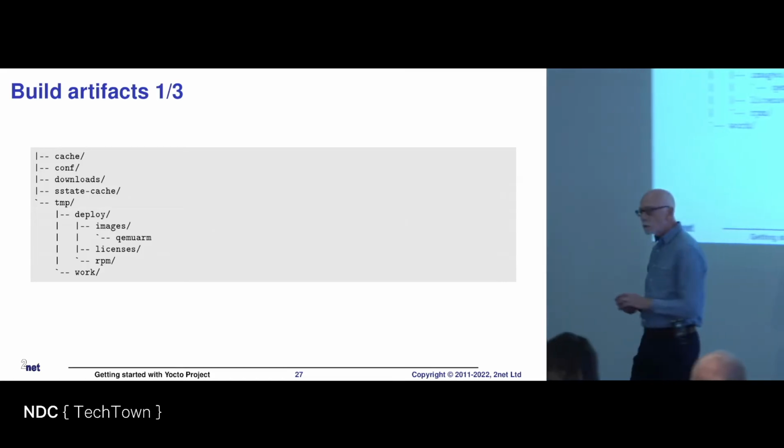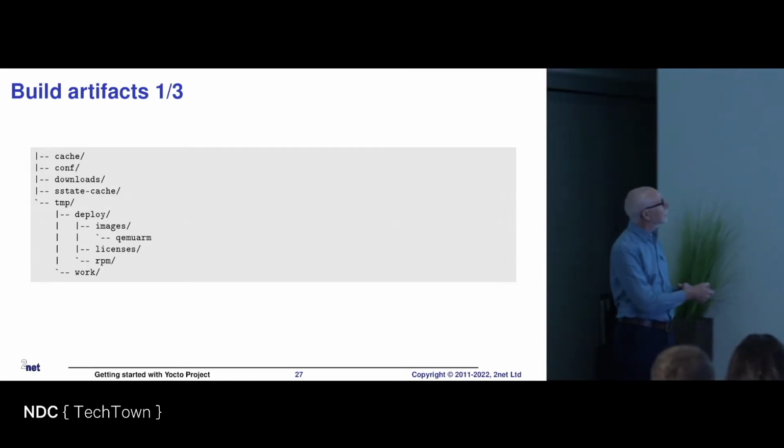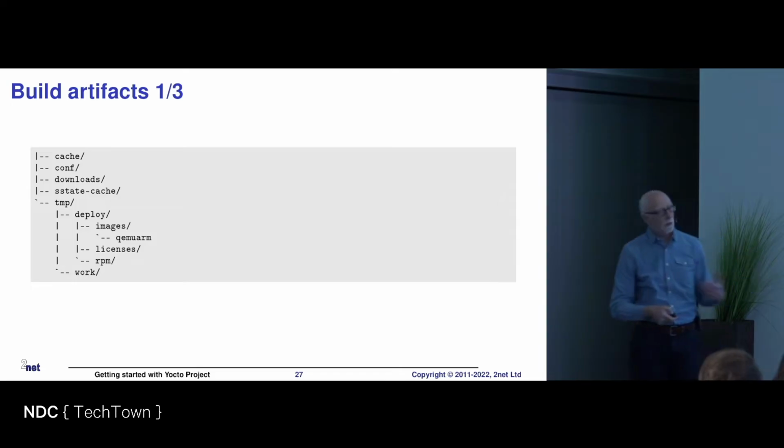So what I'm hoping we're going to find at the end of this is that, this is my build directory, which I call build-qemu. And it will have, well, the stuff it downloads in order to build stuff ends up in a directory called downloads. There's a thing called the shared state cache.